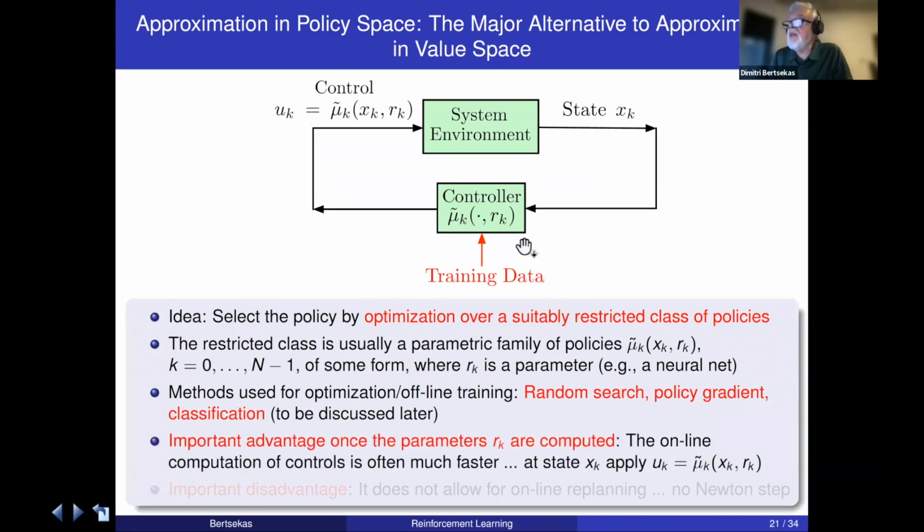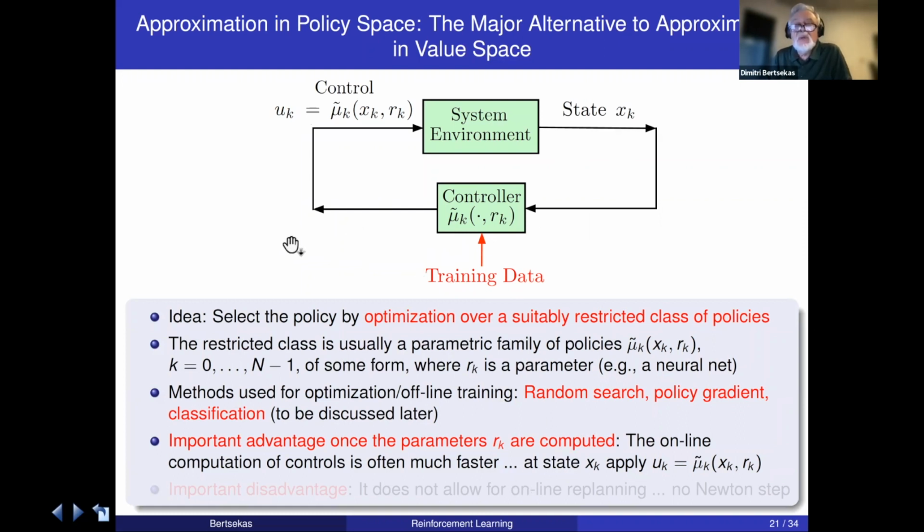There's an important advantage to this methodology. Once I have computed the parameters, usually offline, then I have a fixed controller which can compute controls in response to given states very quickly, much faster.